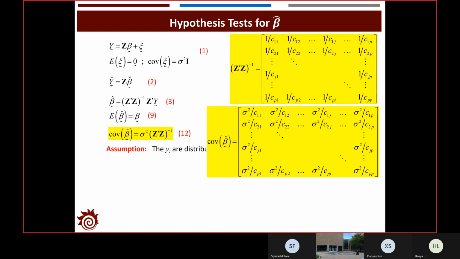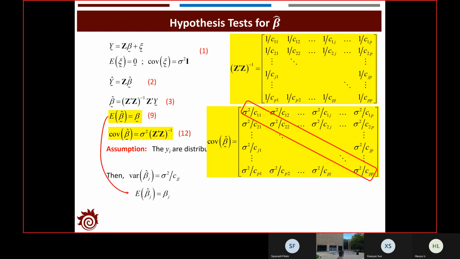And this Cij will be the inverse of Z transpose times Z. I just try to simplify it by using another symbol to represent the values. And with that, we have the variance of the beta hat j, which would be the jth variable. The variance of this one you can find from this covariance matrix, sigma square times Cjj.